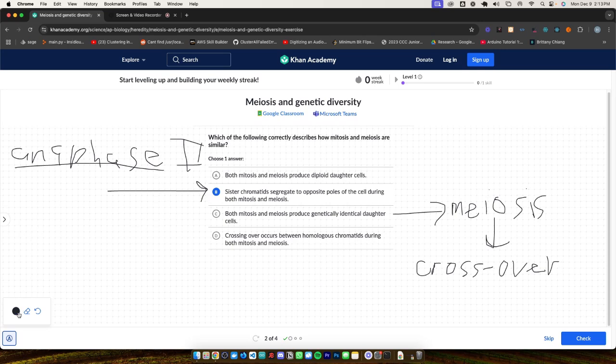So let's draw a little visual of this. Pretend this is your nucleus. We're in the process of meiosis, so we have your chromosome here. Remember, they are replicated, so you have two chromatids, because during interphase, which is what the germ cell goes through, that occurs.